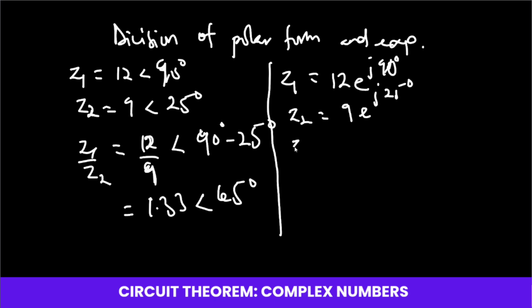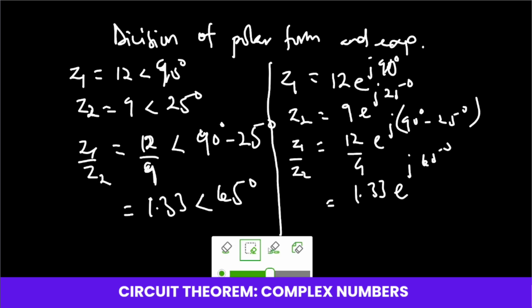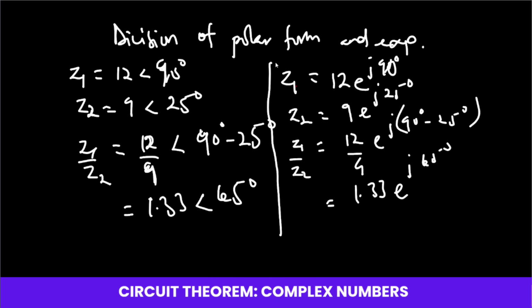So now our z1 over z2 should be equal to 12 over 9 e j 90 degrees minus 25 degrees, and we still have 1.33 e j 65 degrees. That's what we have for our division, for both polar and exponential.